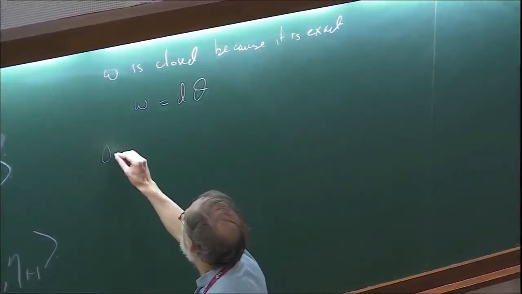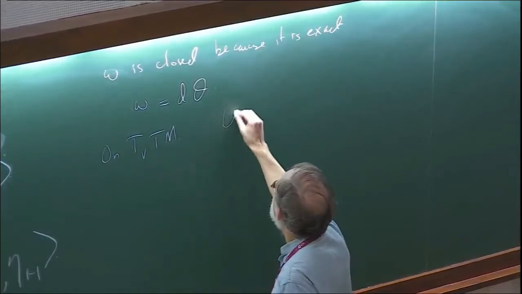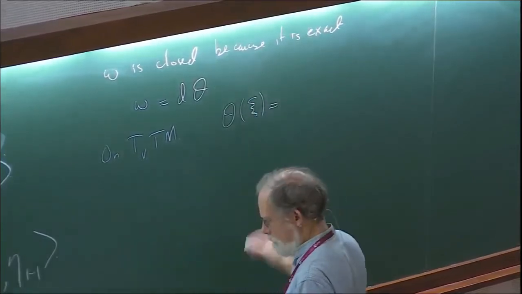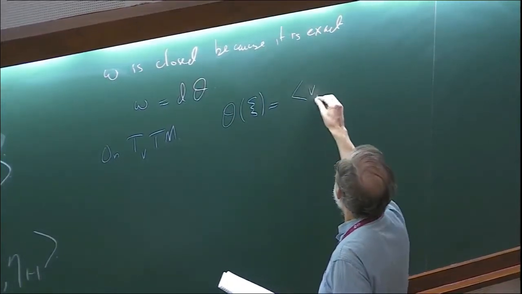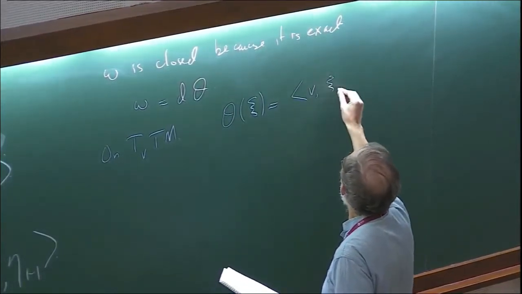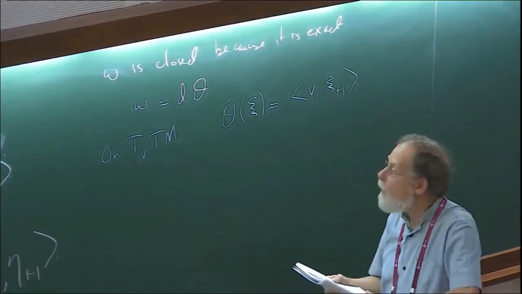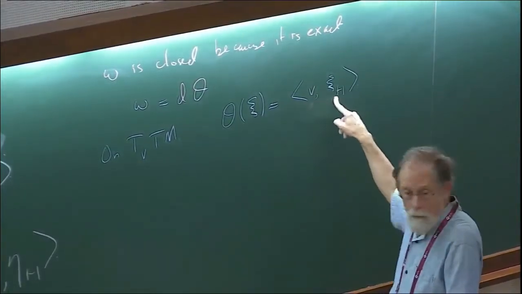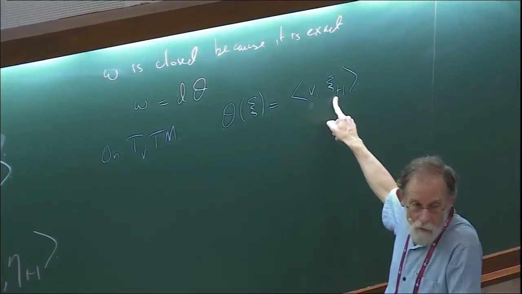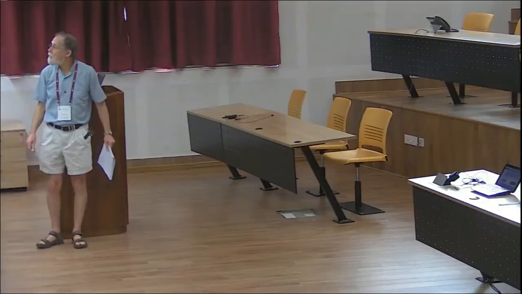And so on TV, theta of xi is, you do the inner product of v with the horizontal part of xi. Remember, v is a vector at the foot point of v, and this horizontal part of xi is also a vector at the foot point of v. So this makes perfectly good sense.